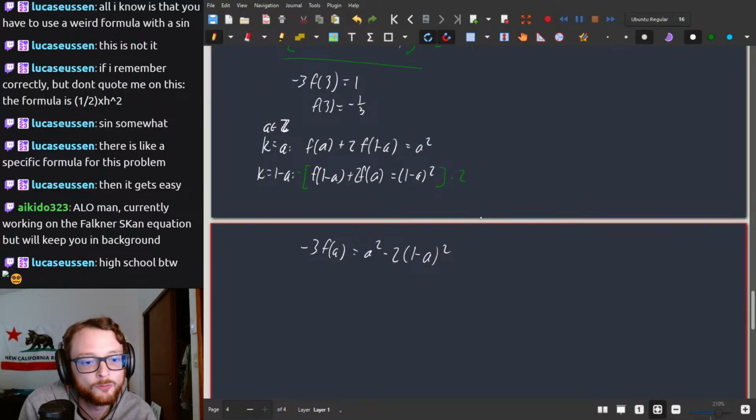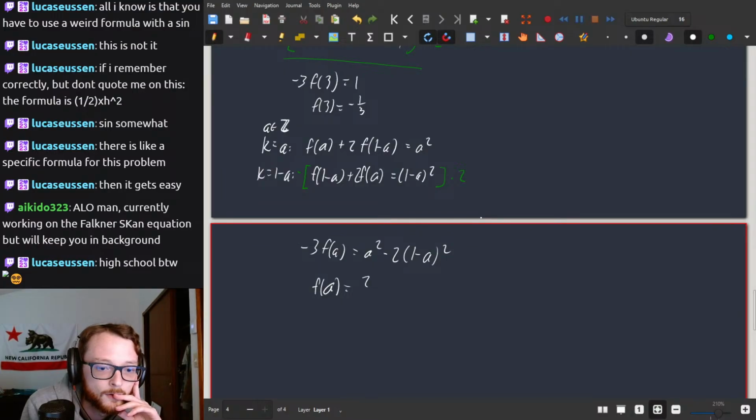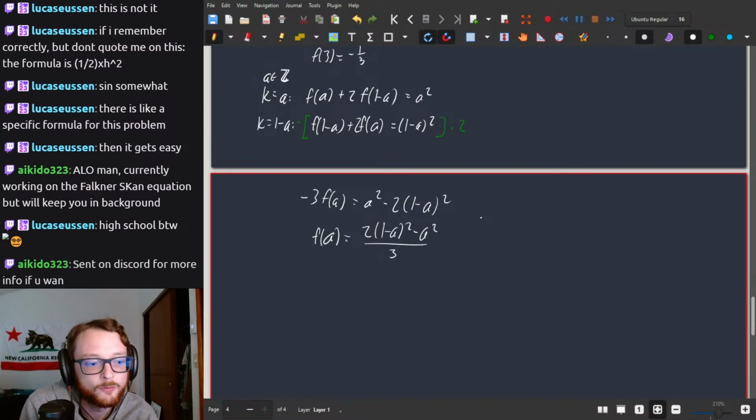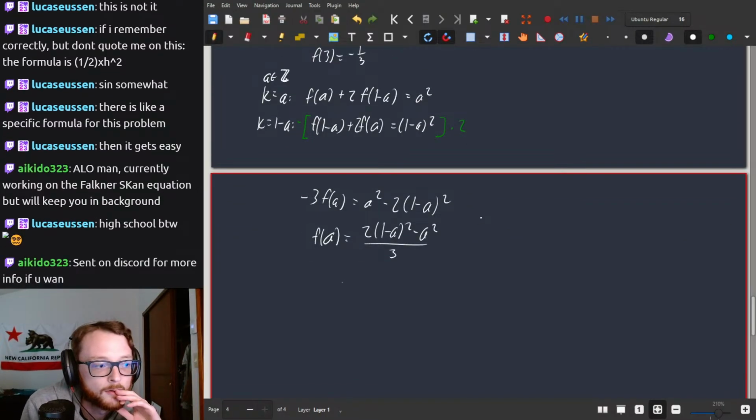And hopefully we can prove that this thing isn't an integer. Let's multiply it out. Yeah, sure.